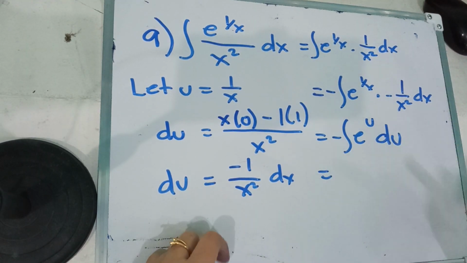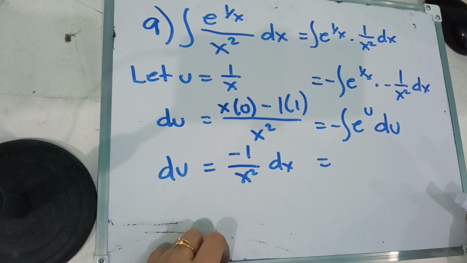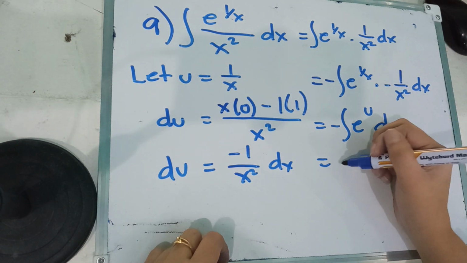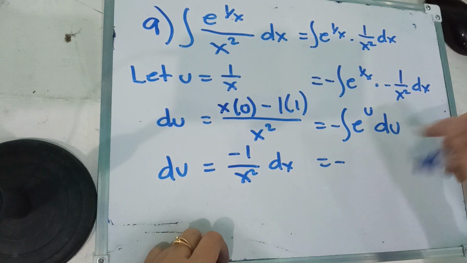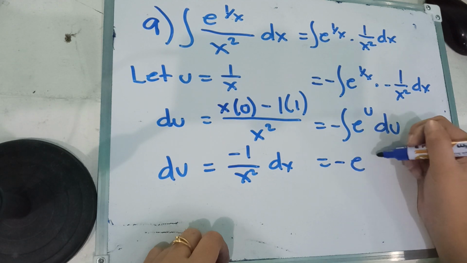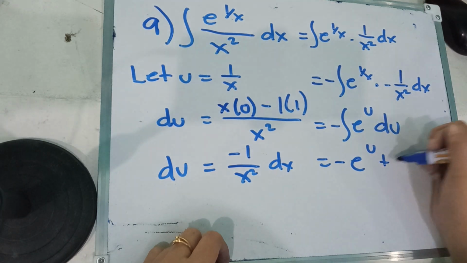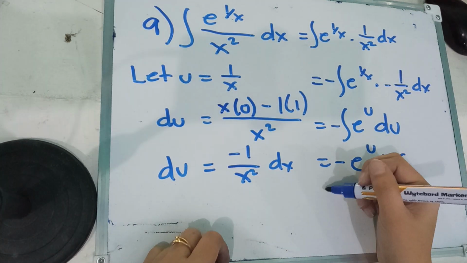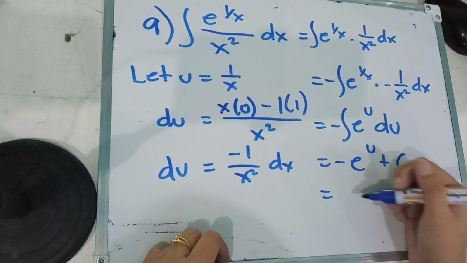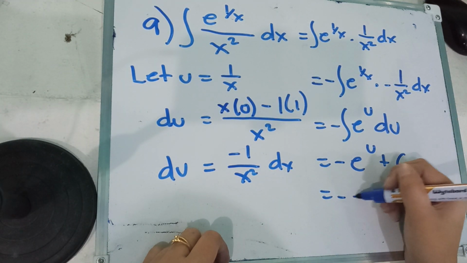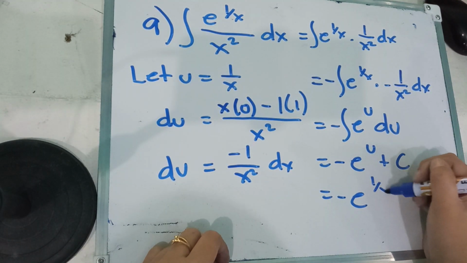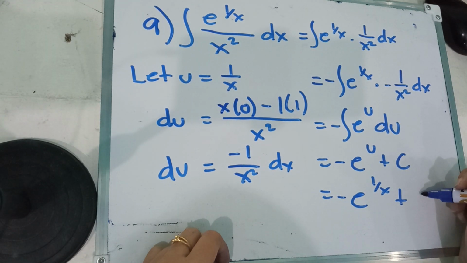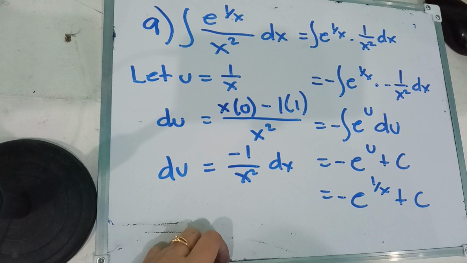Applying the rule for integral of exponential functions, that's negative e to the power of u plus c. And u, going back, that's negative e to the power of 1 over x plus c. Okay?